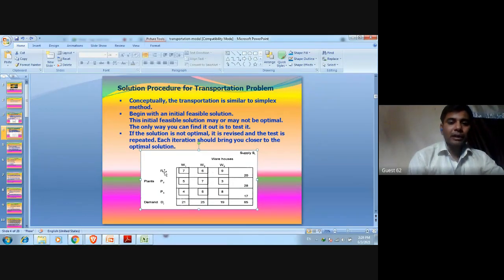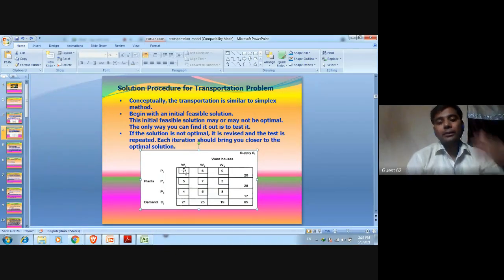In the case of plant P1, the first cell has 7, so 7 is your cost per unit. When you send 1 unit to warehouse 1, the cost will be 7 rupees, or 7 of whatever unit you use. So 7 is your per unit transportation cost.